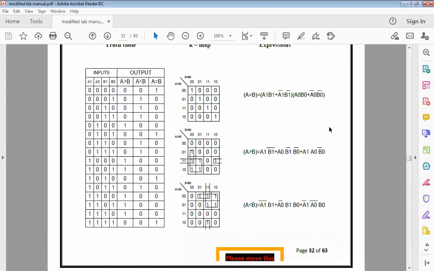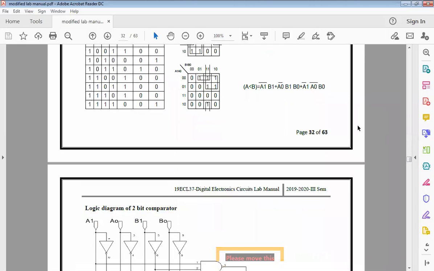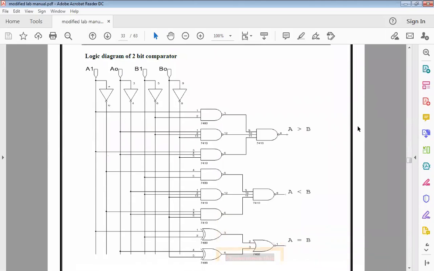You will have a1, b1, their complemented values, and then the true and complemented values connected along. So we will have a1 and a1 bar, a0 and a0 bar, b1 and b1 bar, b0 and b0 bar. All the true and complemented values will be here.